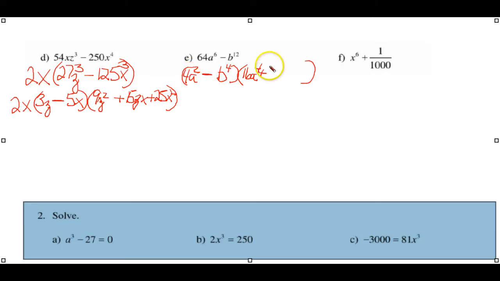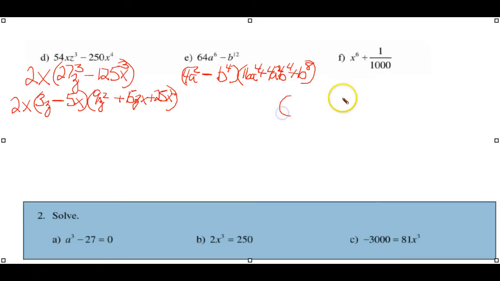Multiply these together. 4a squared b to the fourth. And square this now. Positive b to the eighth. And these are perfect cubes too.